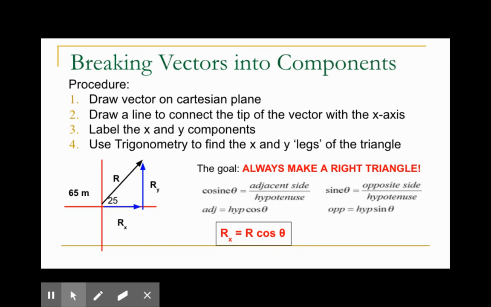We multiply both sides by r to get the y component by itself. We want an equation that gives us the y component. So we find that the y component is simply the magnitude of the vector times the sine of theta. So this equation works when we're finding the y component of a vector measured with the x-axis.